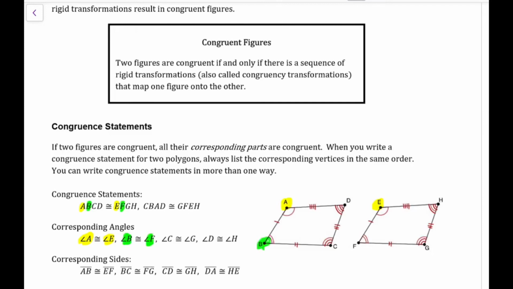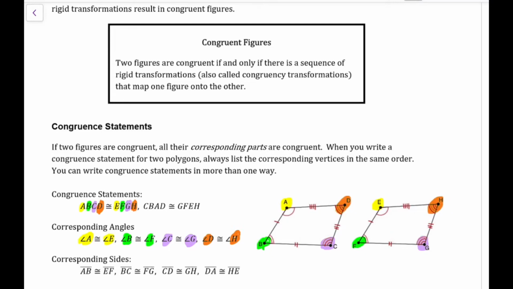Green is next with B and F. They're both the second one when we write our A, B, C, D, and E, F, G, H. Those are the same angle. C and G are the same angle, and notice there are 3 lines on C and G. Then we're going to go to D and H. We have 4 lines. Each one has a different number of lines, so you can tell which ones are congruent.